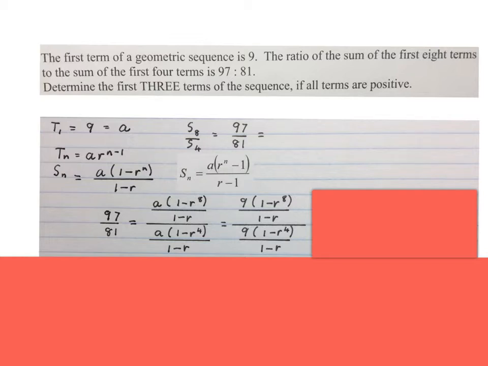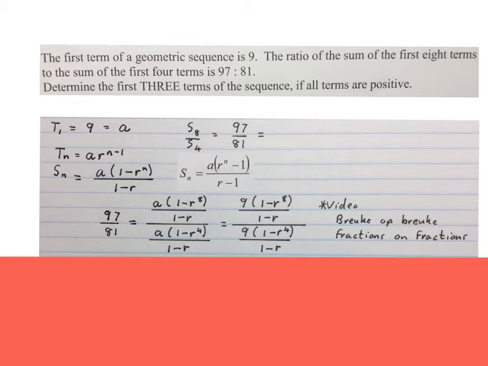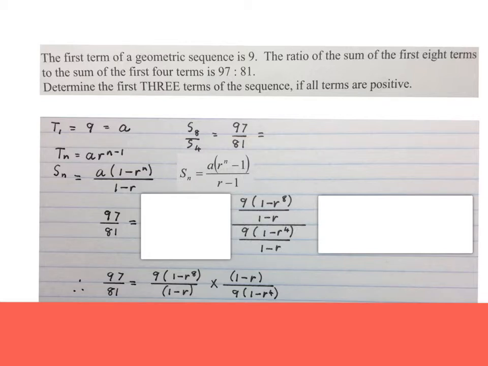To understand what we're going to do next, you can look at the video Fractions on this channel, and that will help you. In that video I would have told you if you have an equation like this equal to fractions on fractions, you can keep the left hand side. Then you take this top part, write it down, times the bottom part switched around.